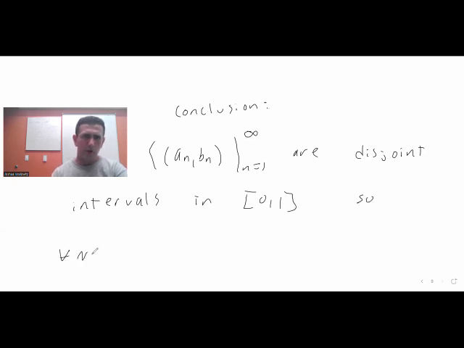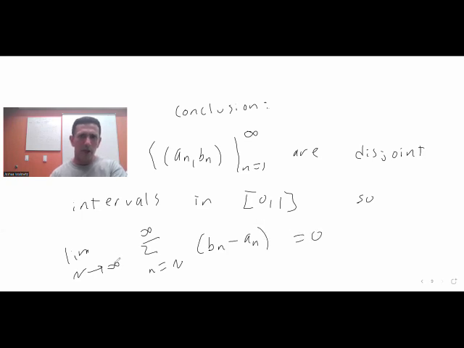So in particular, for any natural number n, or rather, this limit here is going to be 0. That is crucial.